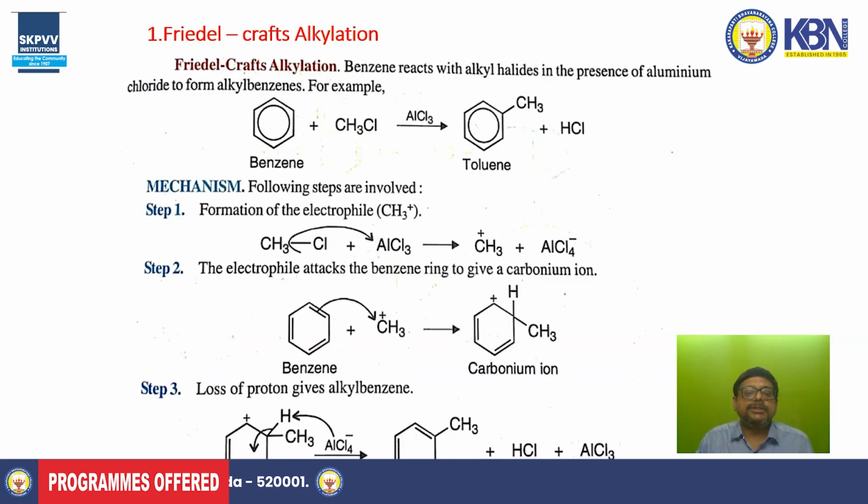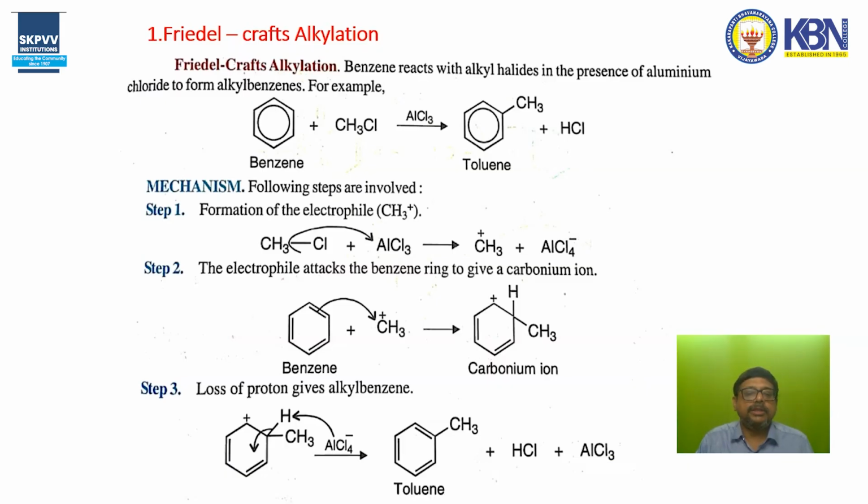So this CH3+ attacks on the benzene ring to give carbonium ion in the second step. So in the second step, benzene reacts with CH3+. That means the electrophile attacks any of the hydrogens.